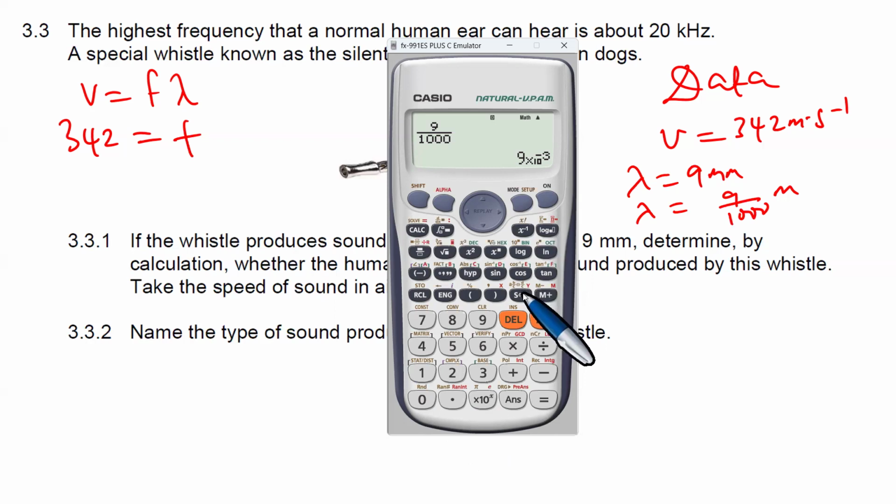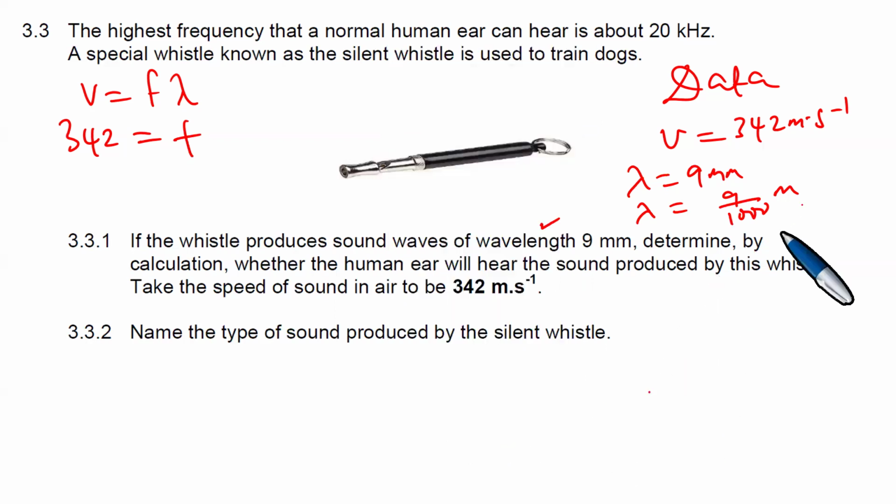Which is 9 times 10 to the minus 3. So you have 9 times 10 to the minus 3 meters.